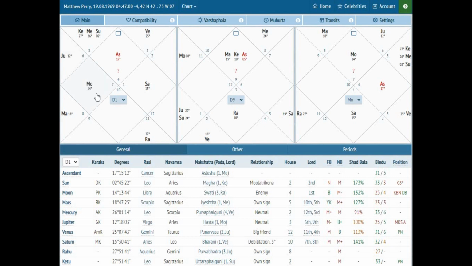But anyway, the moon in this place is a very good place for the moon. I won't go through the explanation, but it is a very good position for the moon. The moon here is enjoying life, and he likes to enjoy life. He wants to have an emotional connection with his mom, and he didn't get it. And this is why Venus goes to the 12th house. So he kind of loses this emotional connection with his mother.